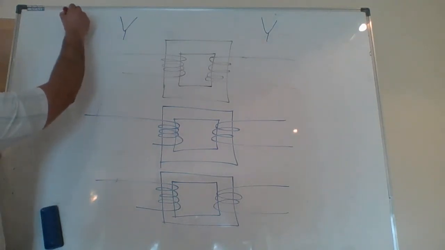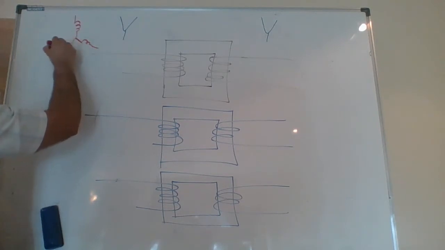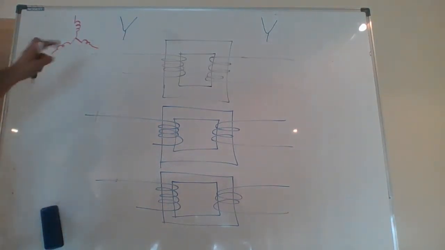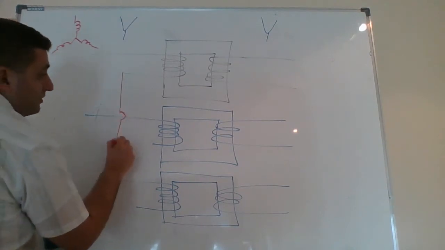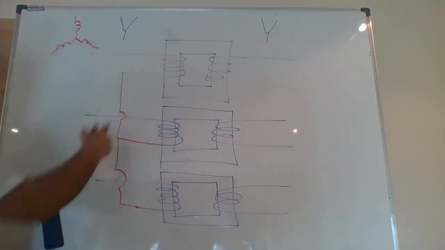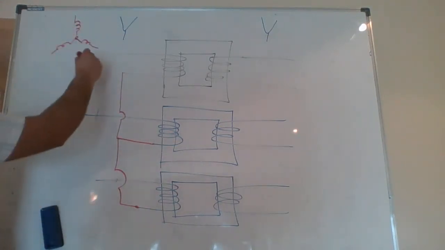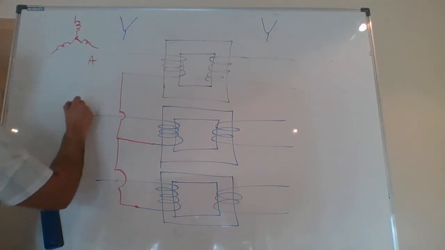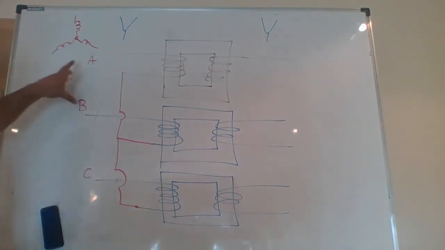This is my winding connected to this winding, connected to this winding. This is my Y connection. So what I do is I take one side of the windings and connect it here. This I establish the connection for the Y, and this will become A, B, C. This is now my primary side connection as a Y.